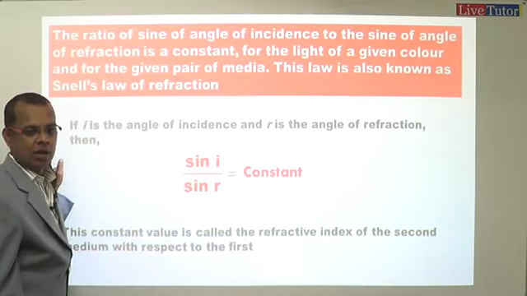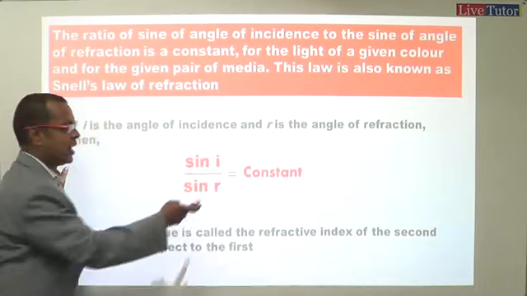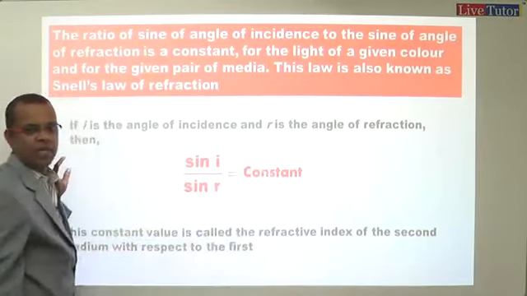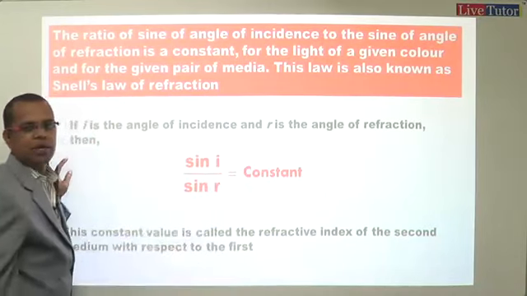If I change the angle of incidence, the angle of refraction will change accordingly so that the value remains the same. So sine i by sine r will always be a constant.